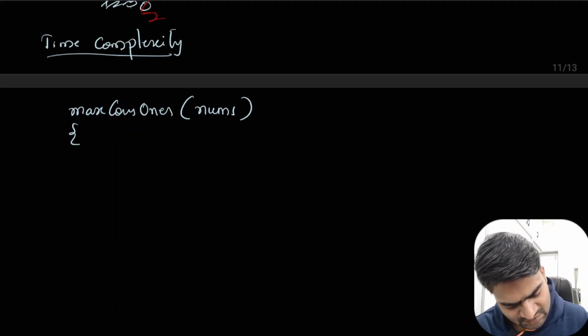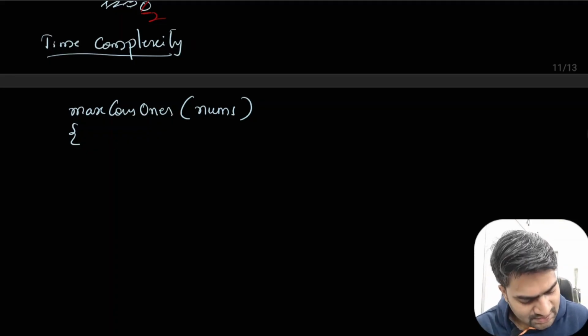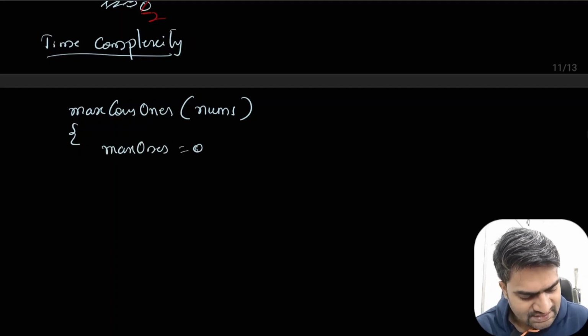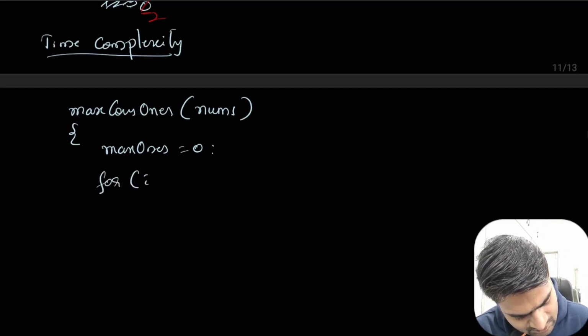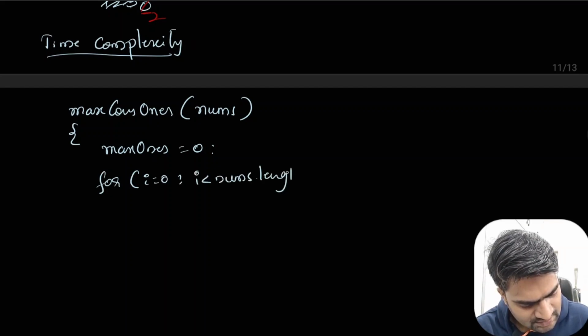So now I will take a variable max ones and I will say it is 0 initially. Now for i equal to 0, i less than nums dot length, i plus plus.